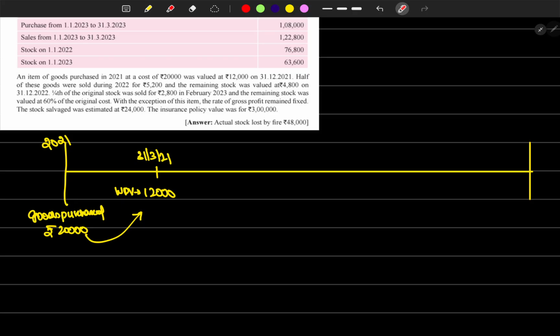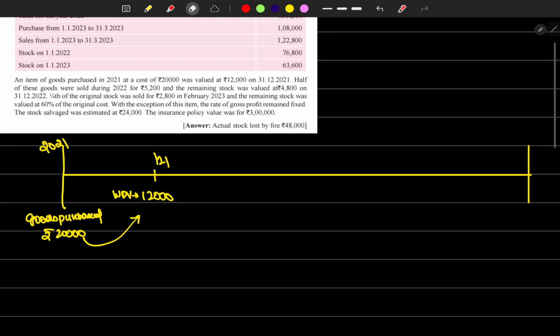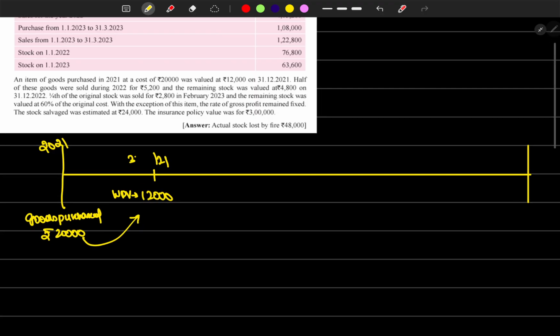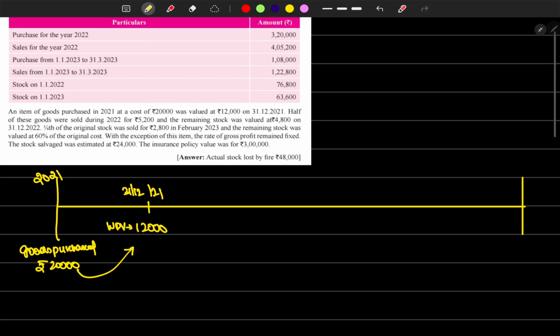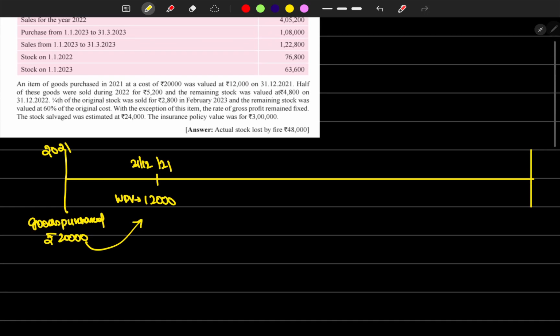This is 31/12 because the financial year ends in December, right? So 31/12/2021, WDV. And during 2022, half of the goods were sold for 5,200.